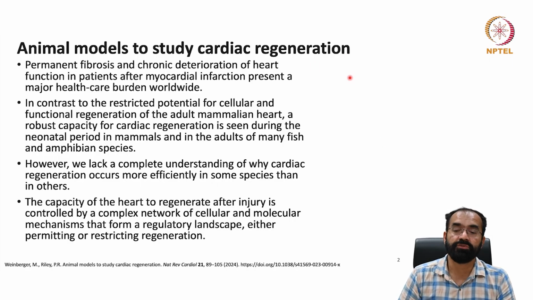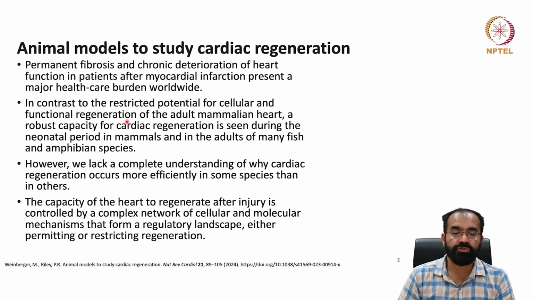Permanent fibrosis and chronic deterioration of heart function in patients after myocardial infarction, in short MI, present a major healthcare burden worldwide.